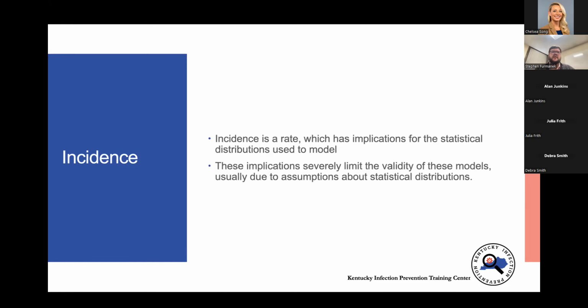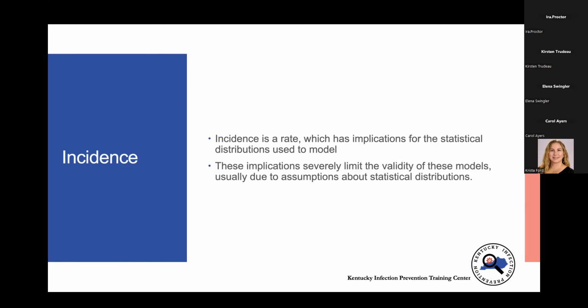Now, the problem with using incidence rate is that there are implications involving statistical distributions, which make them difficult to leverage. The first is that if you are modeling an incidence rate, you could end up with a negative predicted incidence, and that's pretty bad because it makes no sense. If you have no infections, that's the lowest you can get. You can't have negative infections.